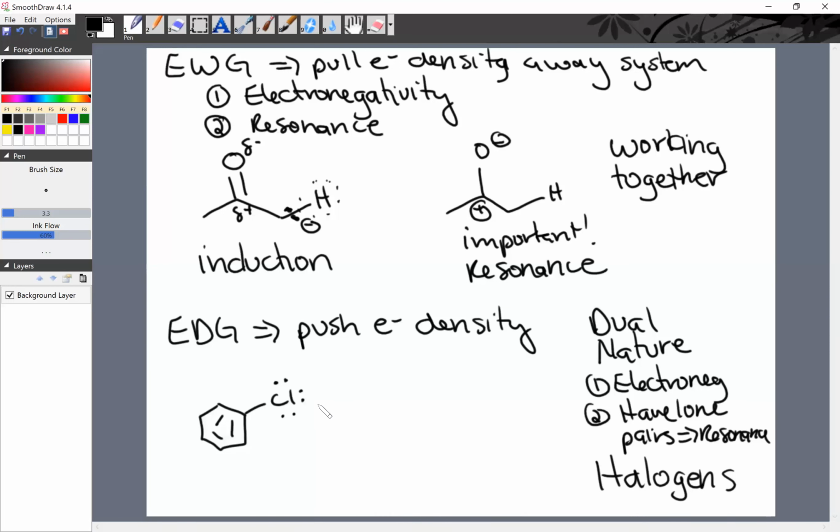Now, the answer is yes, chlorine is electronegative, so there is going to be some pulling away. So if I did a dipole arrow, it would look something like that. Okay, instincts are correct. But I also need you to look at what are all those lone pairs doing in a pi system. And in that case, watch this.